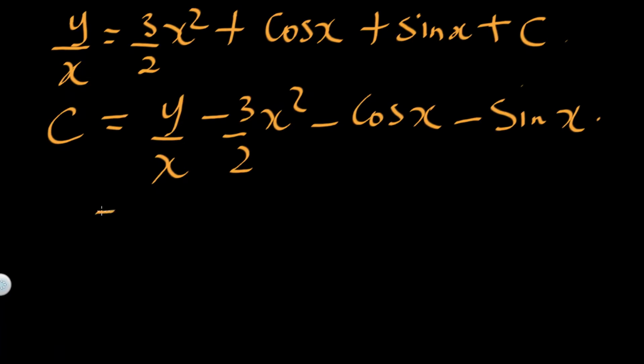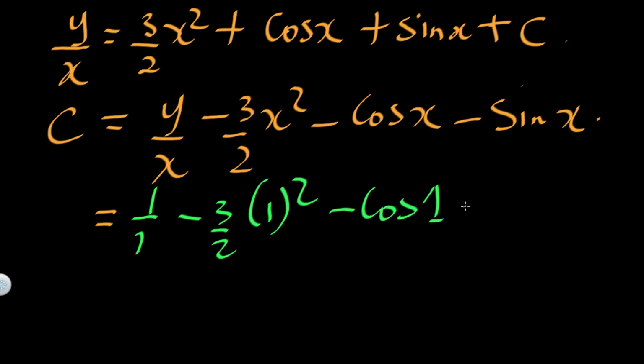We were told that x is equal to 1 when y is equal to 1. Now I'm just going to substitute into this equation here. So we have 1 over 1 minus 3 over 2, 1 squared minus cos 1 minus the sine of 1. Okay, this one is a 1.